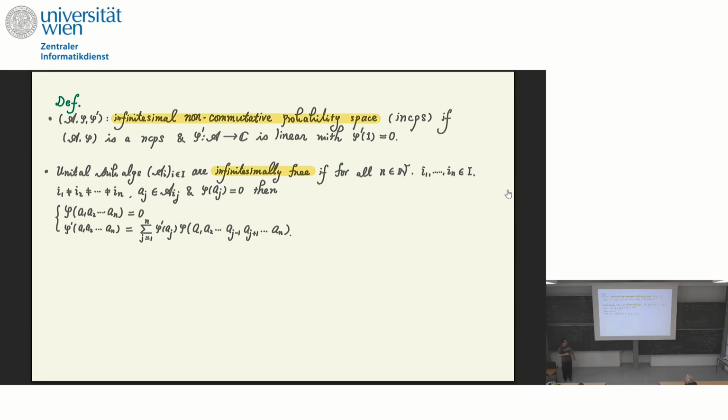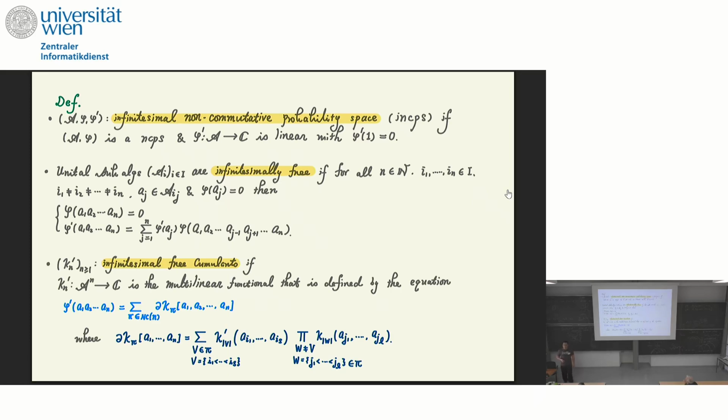So guess what? Since for freeness we have something called free cumulants, in this case we also have something called infinitesimal free cumulants. You can see the kappa prime. We call them infinitesimal free cumulants. First, they are multilinear functionals, and they also satisfy something that looks like a moment-cumulant formula, but it is subtly different.